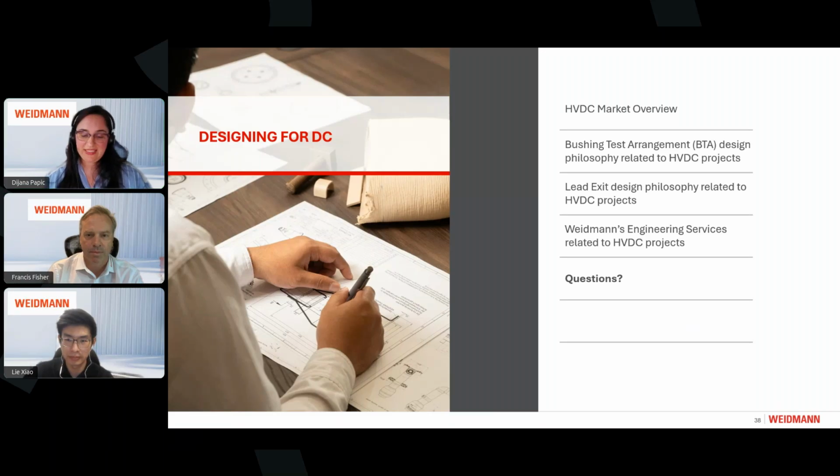So yes, the tolerance in some cases is 0. It has to be a perfect fit. And as we showed for the joints, there is a huge impact from just a few millimeters of positioning of a joint on how the field will behave. If we did not take that into account in the lead exit, it would not end well. So every millimeter counts in those designs.